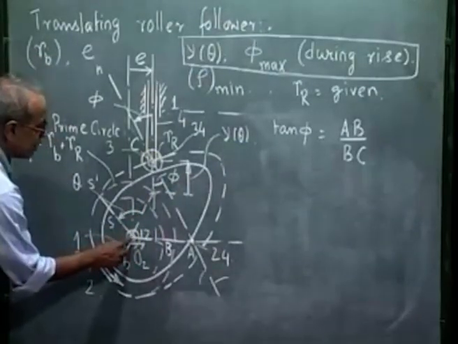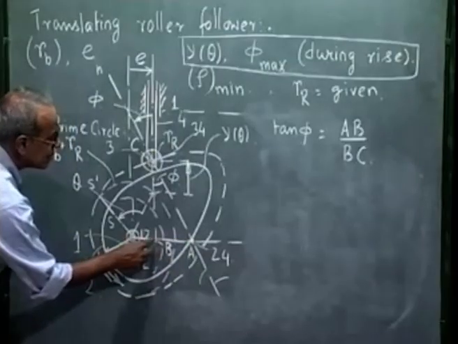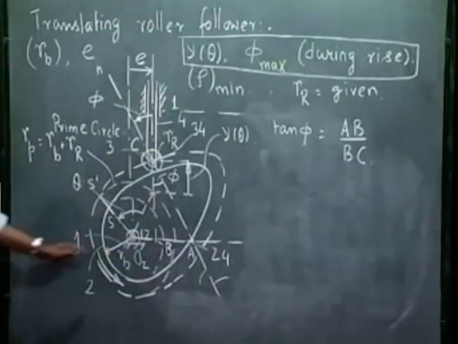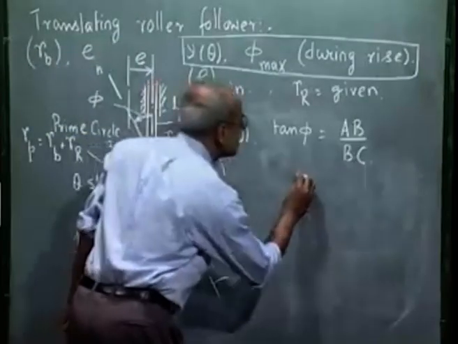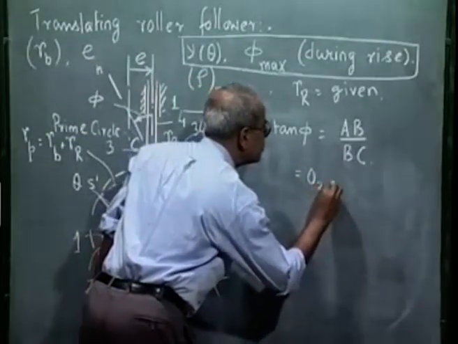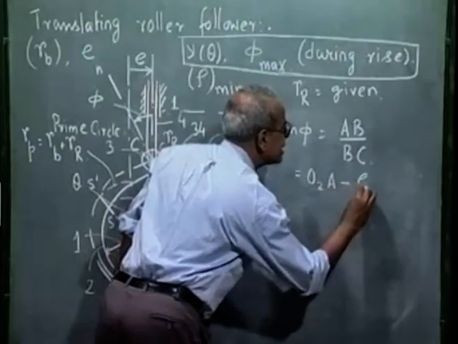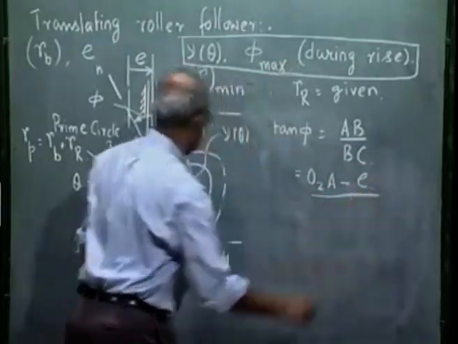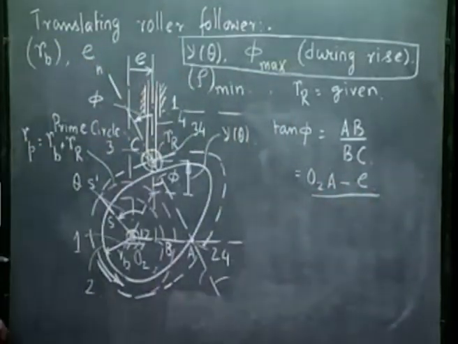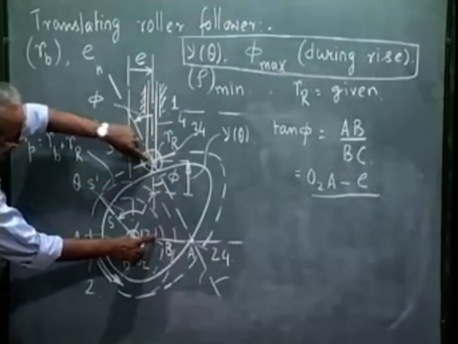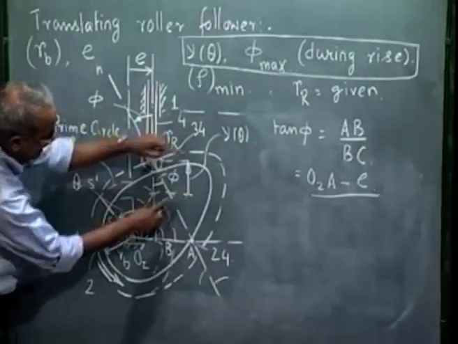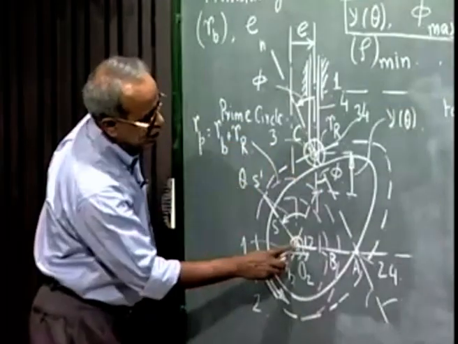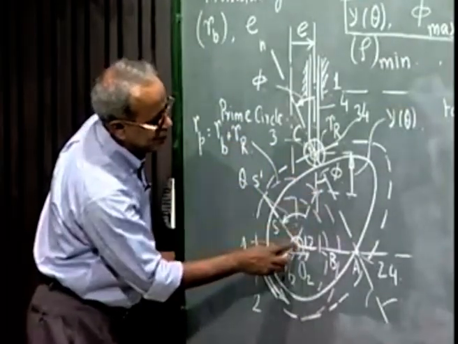AB is nothing but O2A minus O2B, and O2B is nothing but E. So I can write this as O2A minus E, divided by BC. And what is BC? BC is this vertical distance, out of which this is Y and this is square root of RP squared minus E squared.